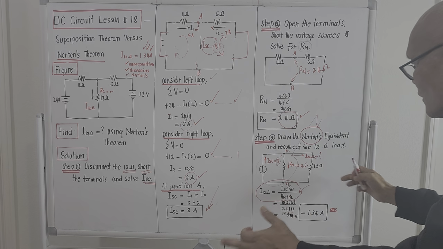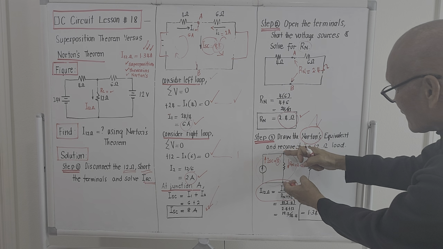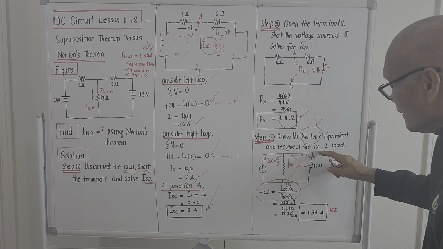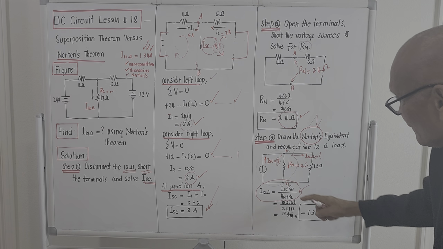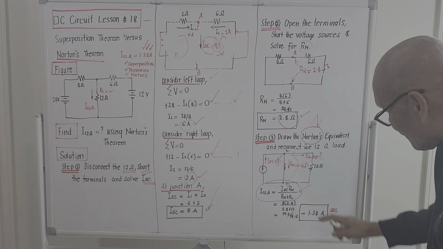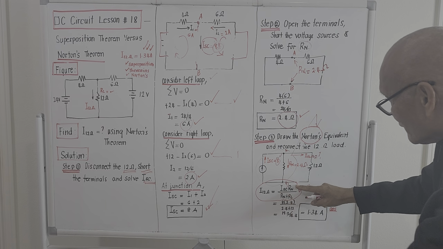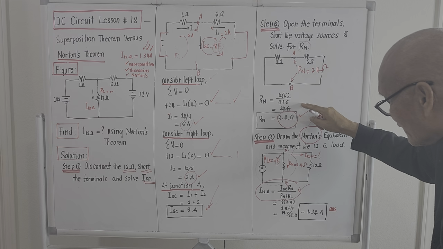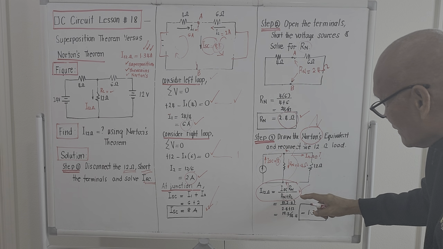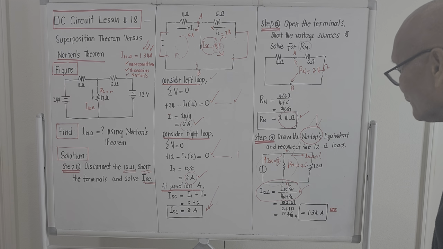We could derive this one by equating the voltage here and here, and if we try to simplify, then compute for I-12 ohm. I-12 ohm will be the short circuit current, the one we computed in step number 1, multiplied by R sub n, the value computed in step number 2, all over the sum of R sub n plus the load RL.